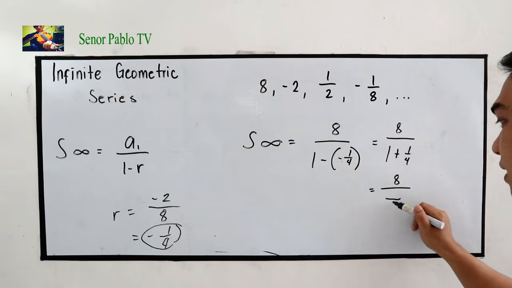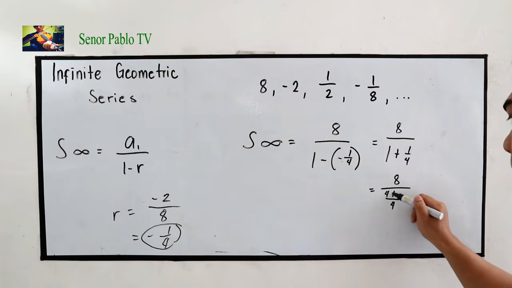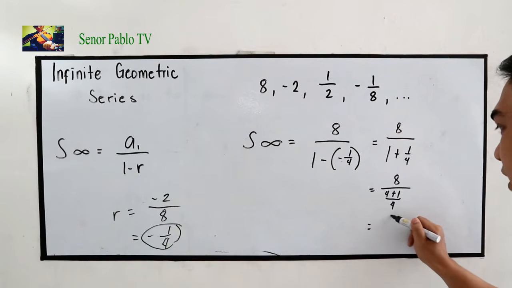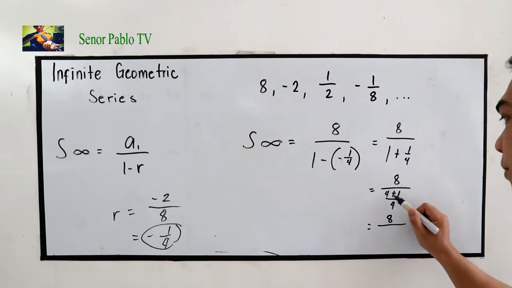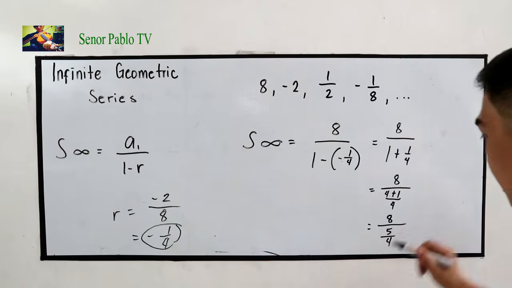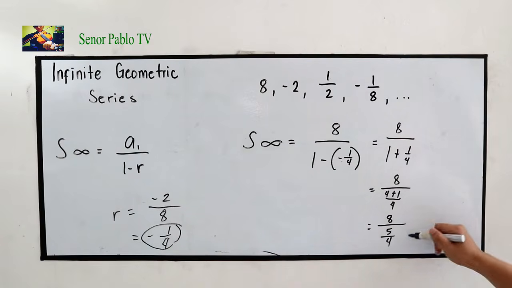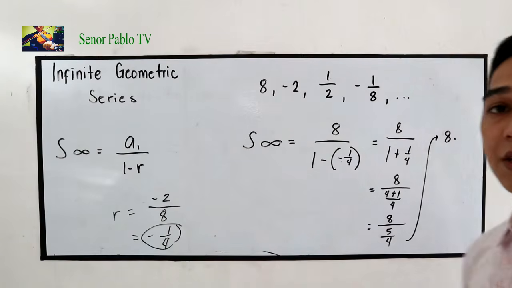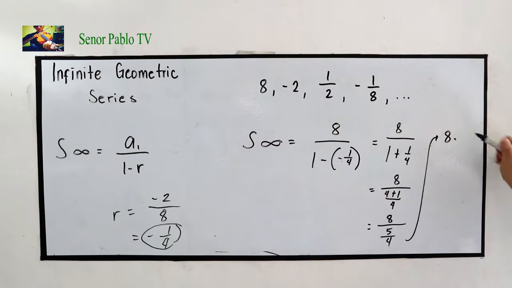So, LCD is 4. 4 times 1, 4, plus copy 1. Now, we have 8 over 4 plus 1, 5 over 4. Fraction tayo. So, 8 times the reciprocal of the denominator, 4 over 5.